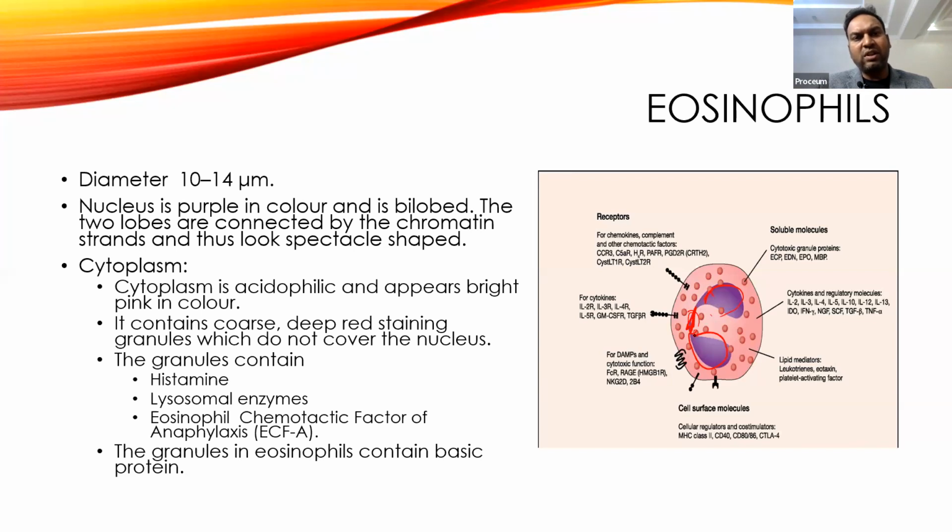The granules are coarser than those of the neutrophils, so you can see the typical different granules under the microscope, which you can't see with the neutrophil. The second thing is they are present evenly on the cytoplasm. They are present on the nucleus and also on the cytoplasm, but not too crowded, so you can easily see the nucleus. And the granule color is bright red to orange.